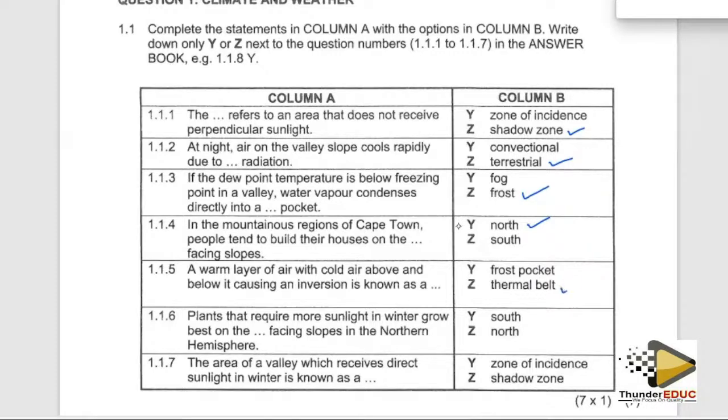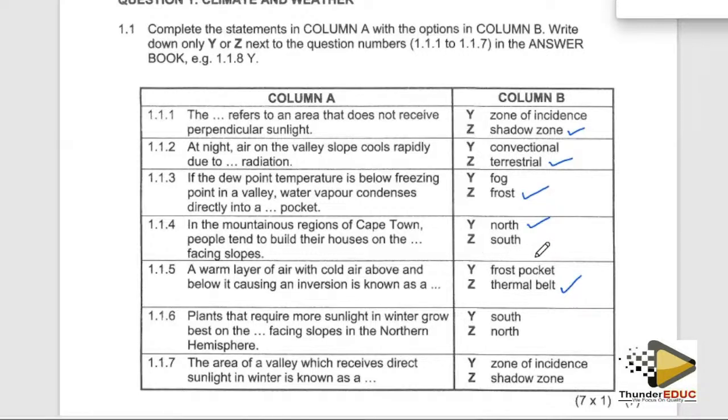A thermal belt forms when cold air subsides to the valley bottom, forcing the warm air to rise and settle in the middle of the valley. Below the thermal belt the air will be cold, and above it as well. That's why they say a warm layer of air with cold air above and below. So that will be the thermal belt.